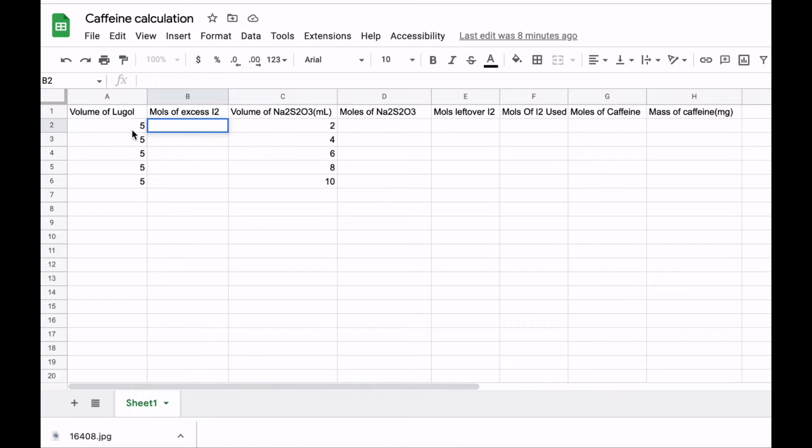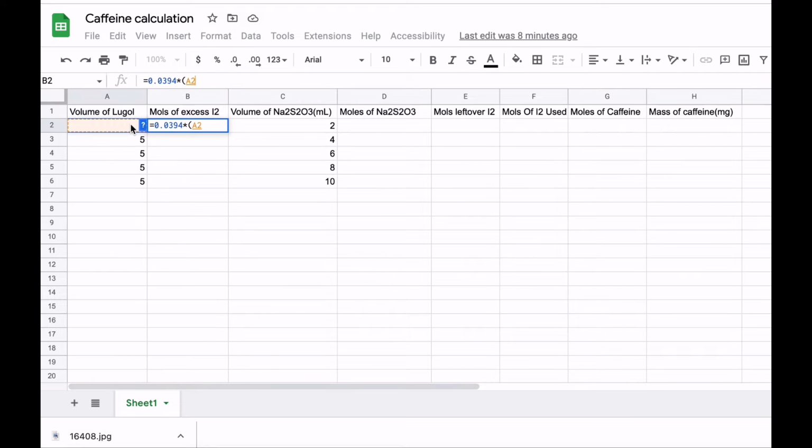So I'm going to assume that I used 5 mL of Lugol solution, and to calculate the moles of iodine that were added, we have to use the function there, and the molarity we said was 0.0394, and then I multiply this by the volume of Lugol, which is 5 divided by 1000.